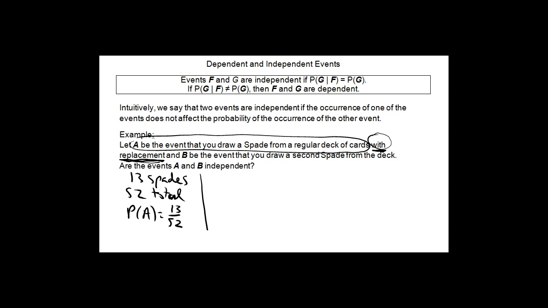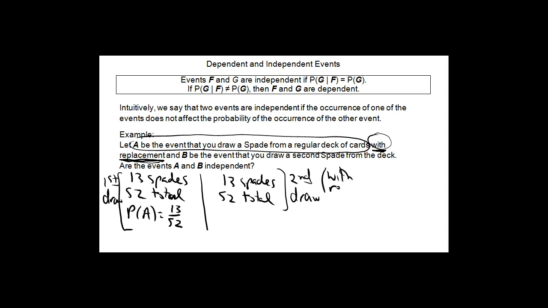I'm doing it with replacement. So the second time I draw, I'll still have 13 spades and 52 total. This is the first draw. This is the second draw. But it's with replacement, so the numbers don't decrease. I'm putting it back in.